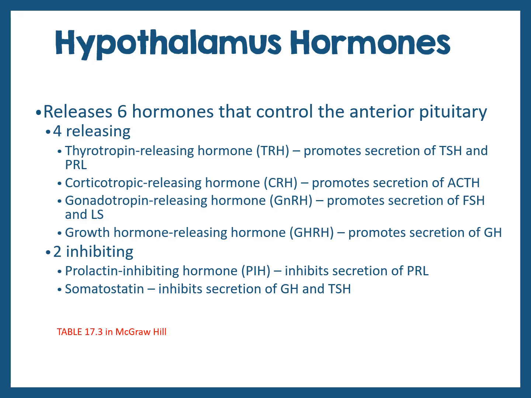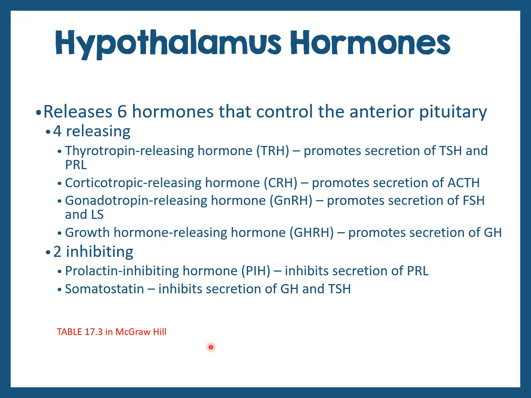The gonadotropin releasing hormone will promote the secretion of follicle stimulating hormone, and luteinizing hormone. That should be LH, not LS. And growth hormone releasing hormone will promote the secretion of growth hormone from the anterior pituitary.